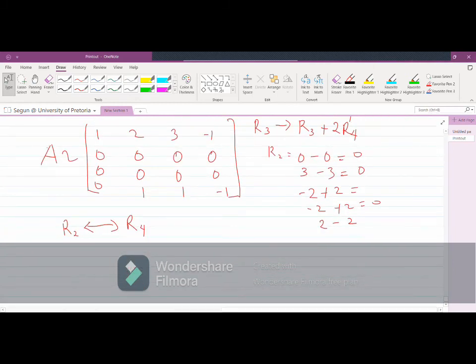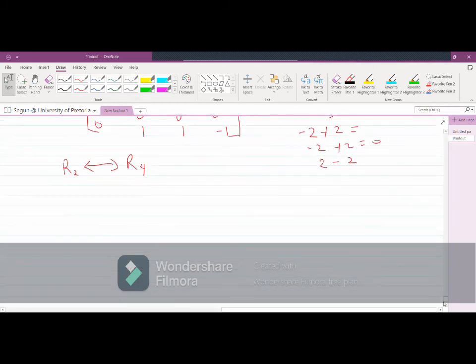We are talking about echelon now. So it's going to be 1, 2, 3, minus 1. The next is 0, 1, 1, minus 1. So the rest will be 0, 0, 0, 0, 0, 0, 0, 0.